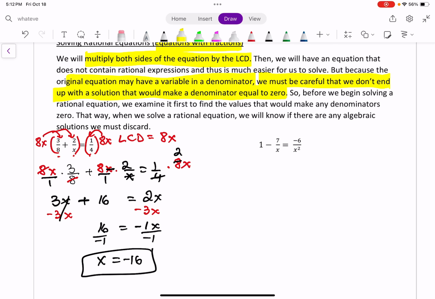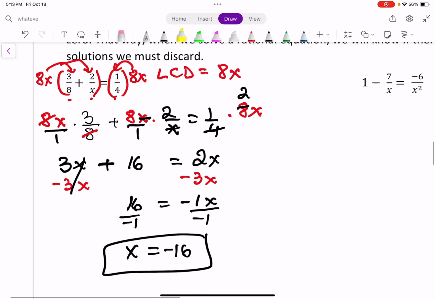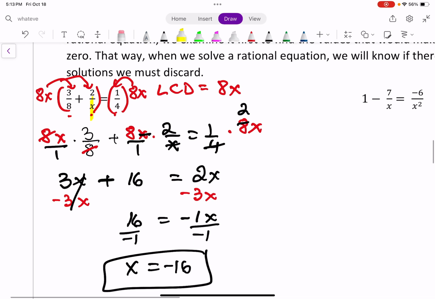You don't really need to do that. Again, I've copied this from your textbook. You just need to look at the end, really. Does negative 16 make any denominator equal to 0? No, the only denominator that could vary is the x, and so really the only thing that would make that x 0 is 0. So don't worry about negative 16. That's not going to make that x a 0, so we're good.